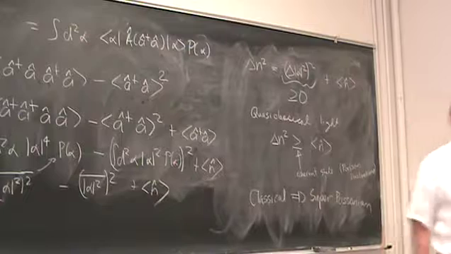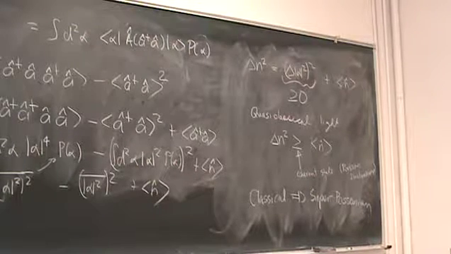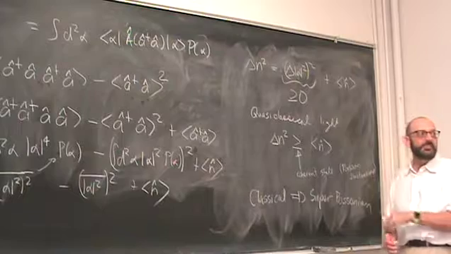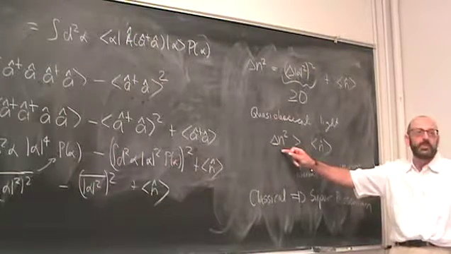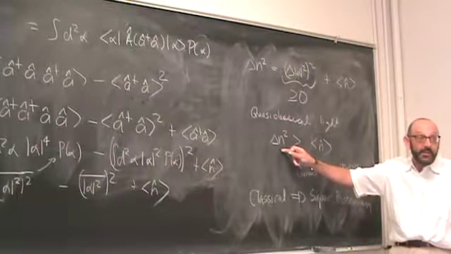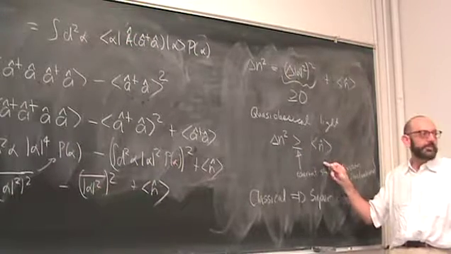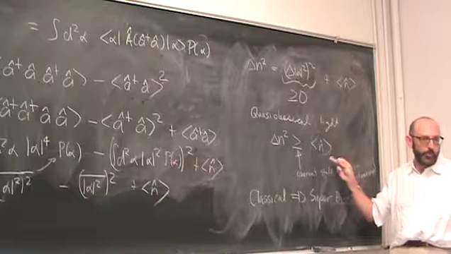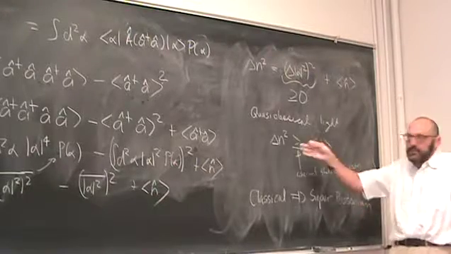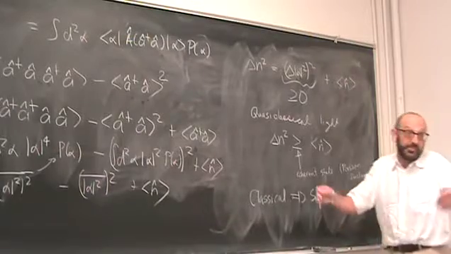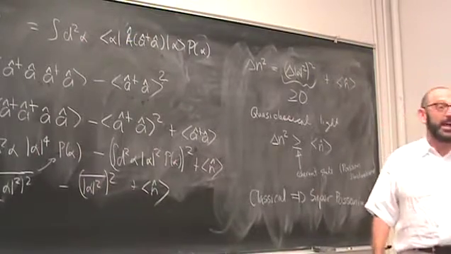That is to say, the fluctuations in n must be more than n. If we see sub-Poissonian fluctuations, if the fluctuations squared are less than n, or the fluctuations are less than the square root of n, that's impossible for classical light. But it's not impossible for quantum light.